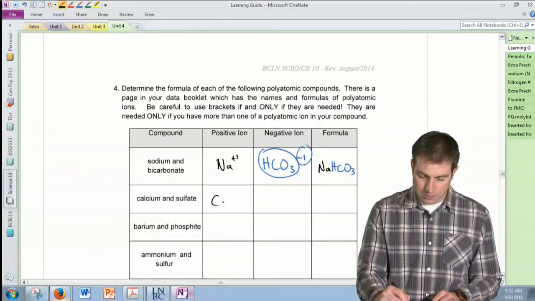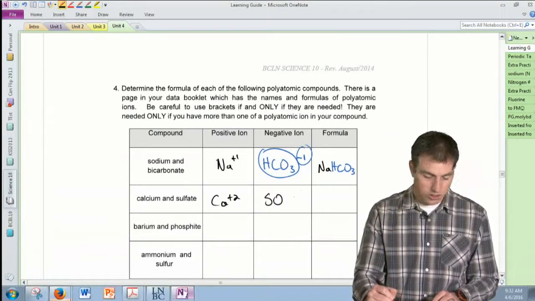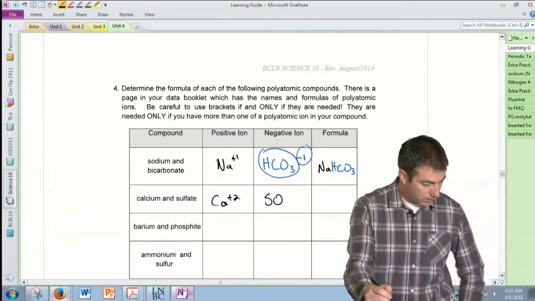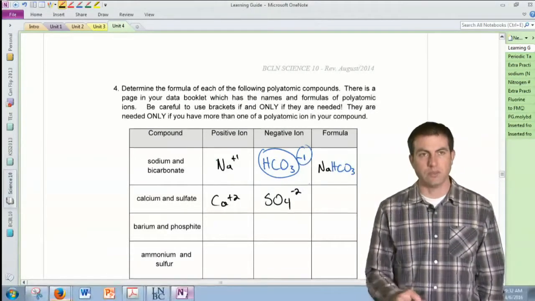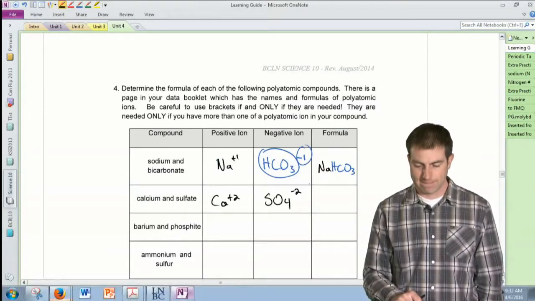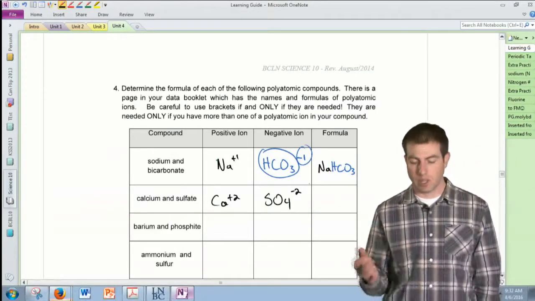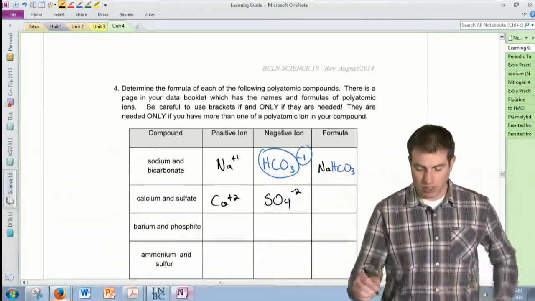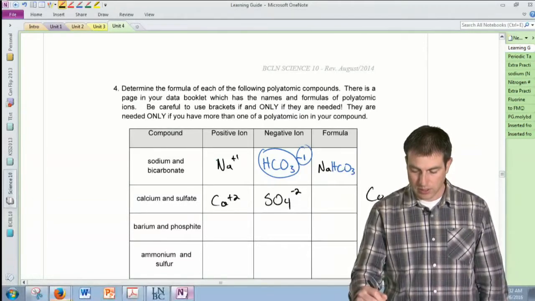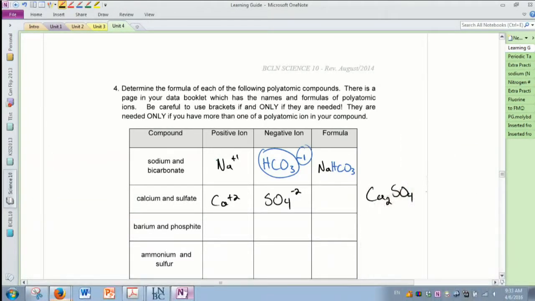Next one, calcium. Ca is +2. Sulfate is not to be confused with sulfite, and sulfate is SO4. It has a charge of -2. So I'm looking at the charges. One's +2, one's -2. If you get really caught up in the crisscrossing of charges, you're going to write something like this: Ca2, SO4, and 2.